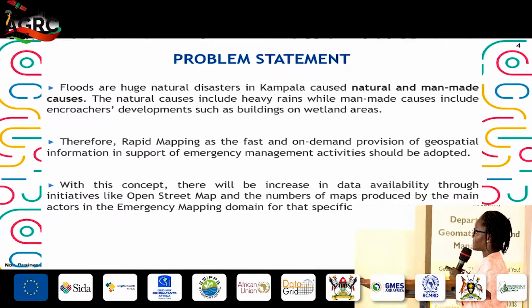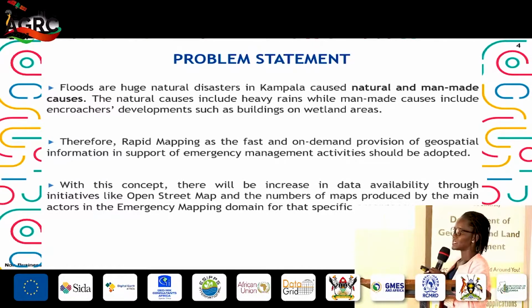As seen earlier in the background, we know that floods are very huge disasters in Kampala, and this can be either natural causes like heavy rains or artificial, where you have individuals encroaching on wetlands. And therefore, rapid mapping has come in to be a fast and on-demand provision of geospatial information that can help us easily adapt to emergency management activities.